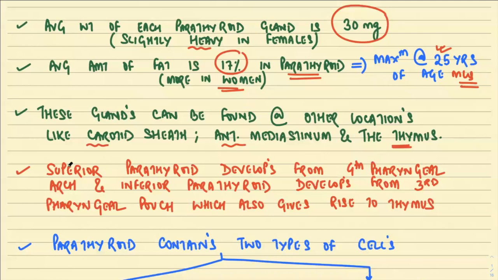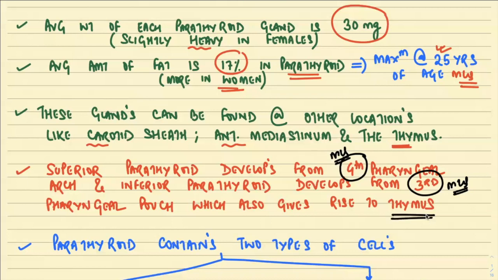The parathyroids can be divided into superior and inferior parathyroid. The superior parathyroid develops from the 4th pharyngeal pouch, whereas the inferior parathyroid develops from the 3rd pharyngeal pouch. The 3rd pharyngeal pouch is also the one which gives rise to the thymus.